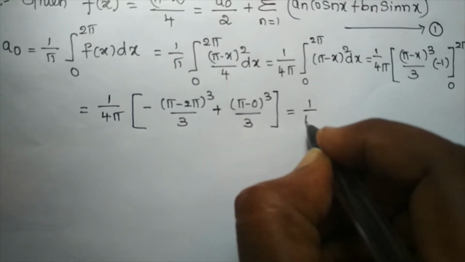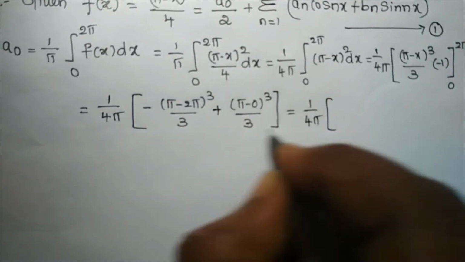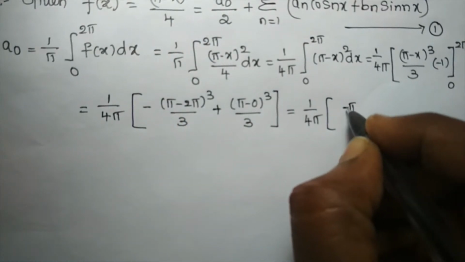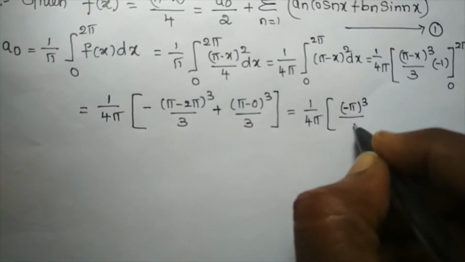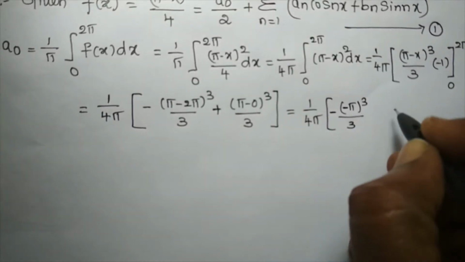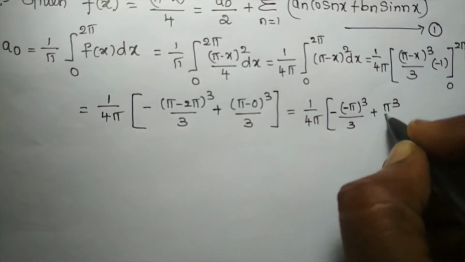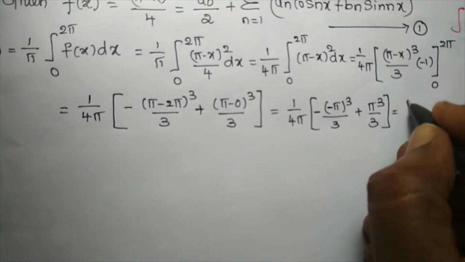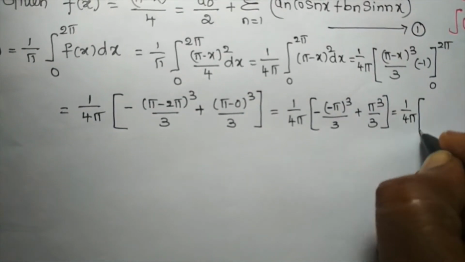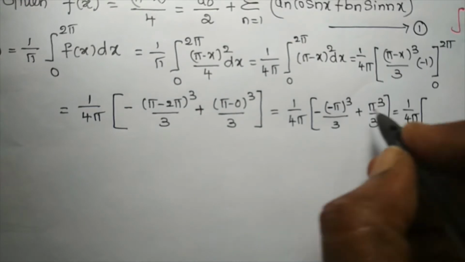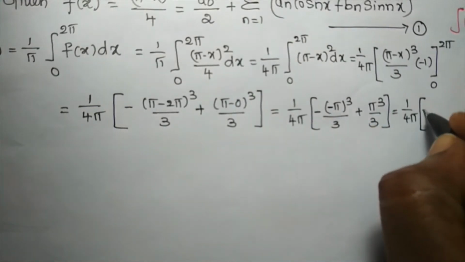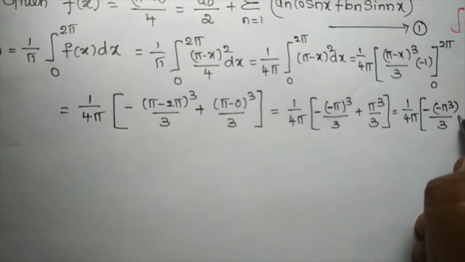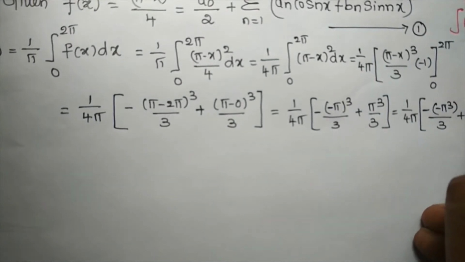This equals 1 by 4 pi into minus (minus pi) whole cube by 3 plus pi cube by 3.